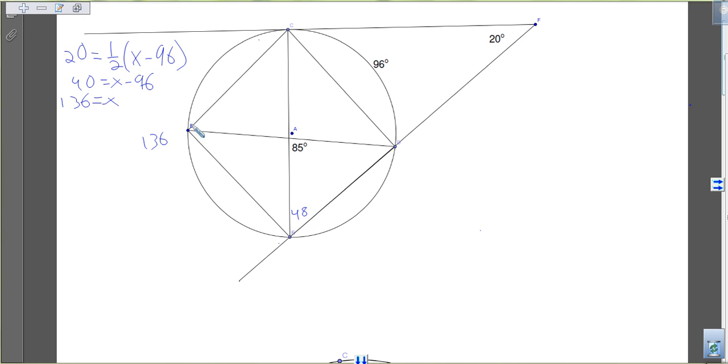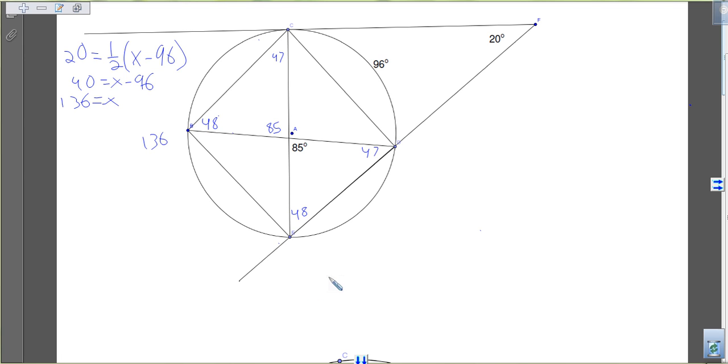And lo and behold, it is in fact formed by that angle as well. So now that's 48 degrees. In fact, I'm going to leave those degree marks off. Alright, so I've got that. Well, now, if that is 85 degrees on the inside, then this is 47 degrees. And that's 85, and then subsequently 47.